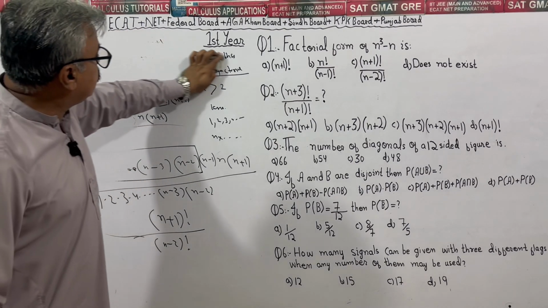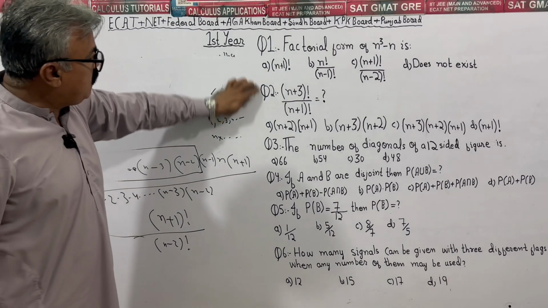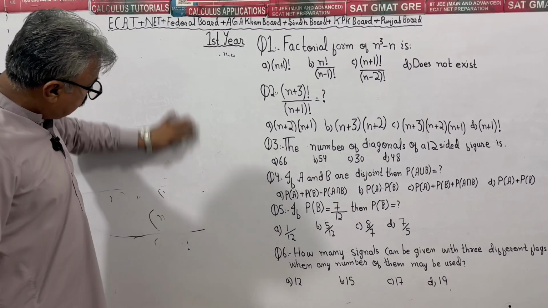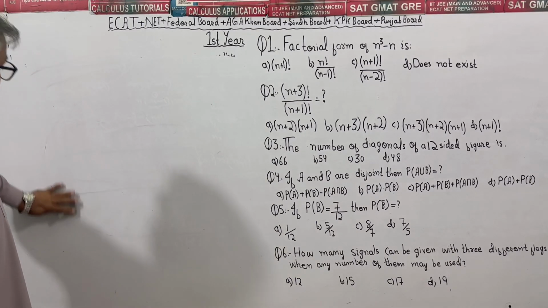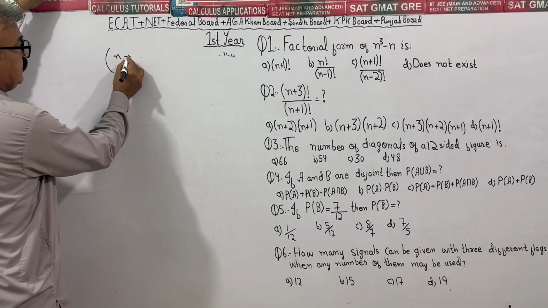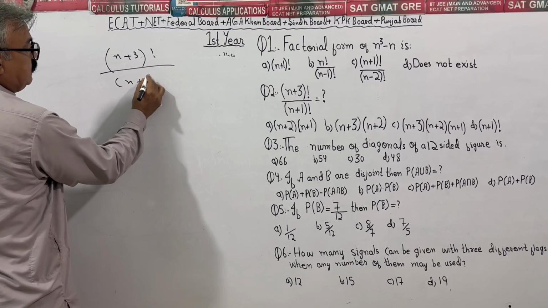Okay. Question number 2 is also based on factorial, to give you a good view of the factorial notation, how to express things in factorial, and how to open a factorial. Let's find out. It's a very simple question for you to attempt: n plus 3 factorial over n plus 1 factorial.